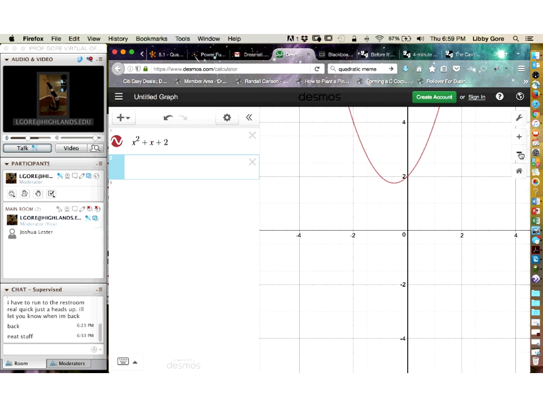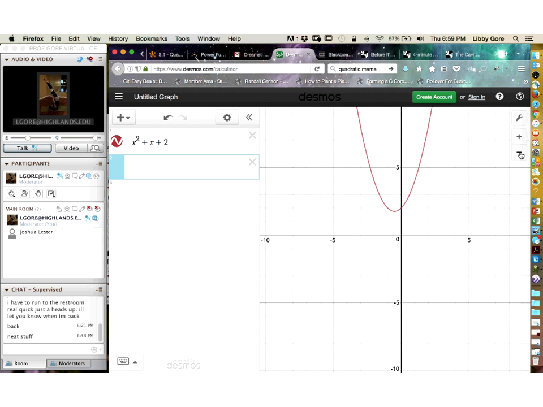Okay, I've got to zoom out. Notice, this thing does not cross the x-axis. It's floating above. That's why you have imaginary solutions, because there are no x-intercepts for this particular parabola. Does that make sense, Josh?